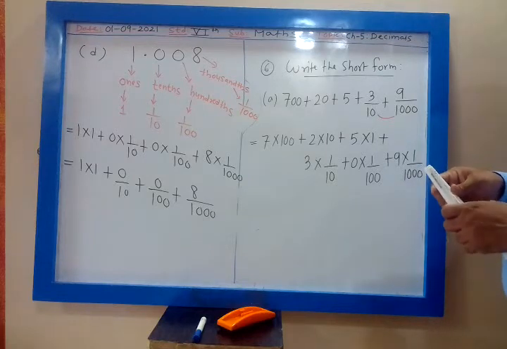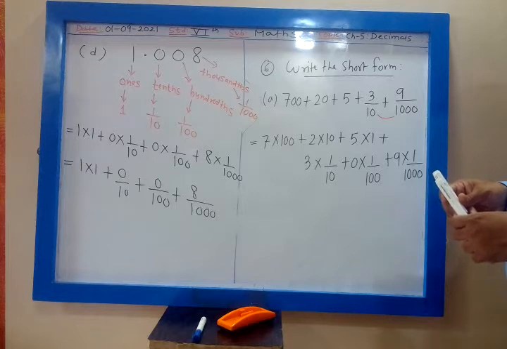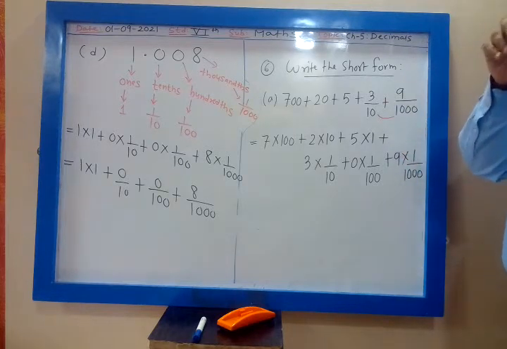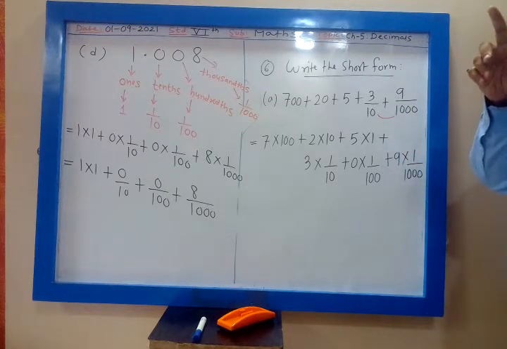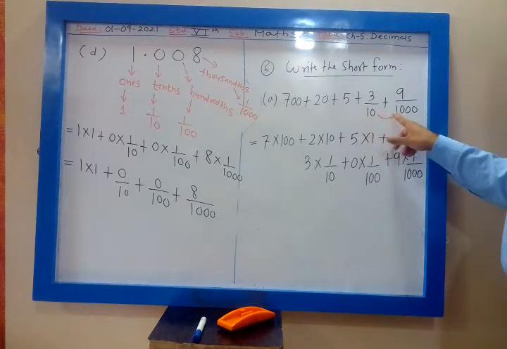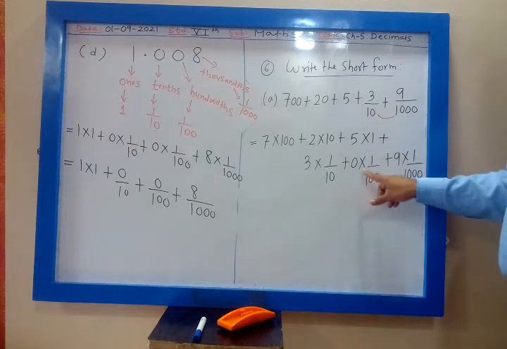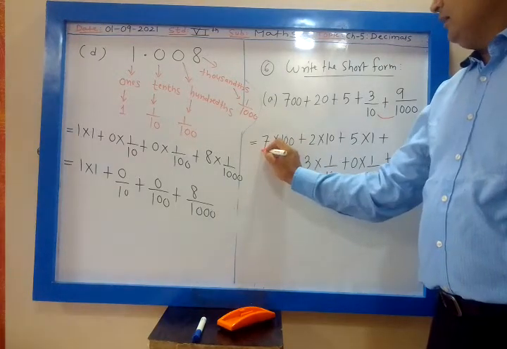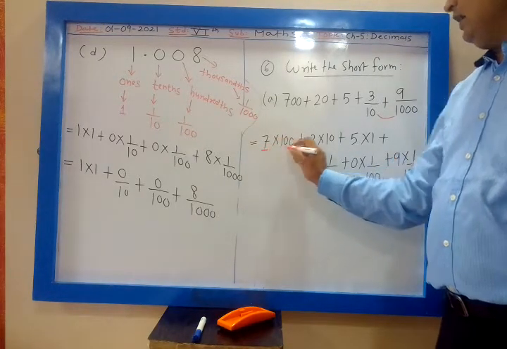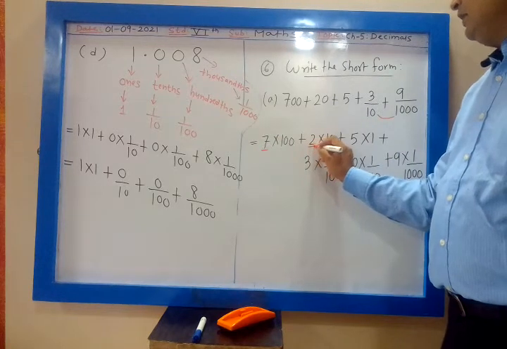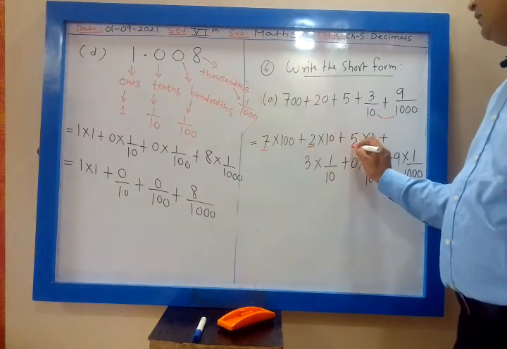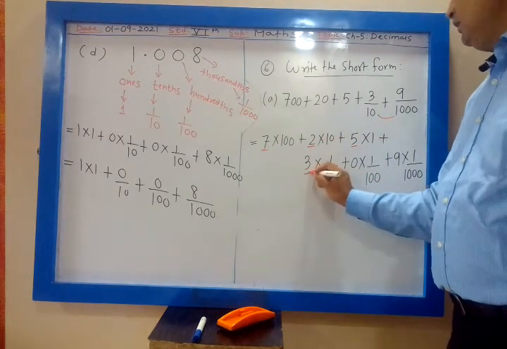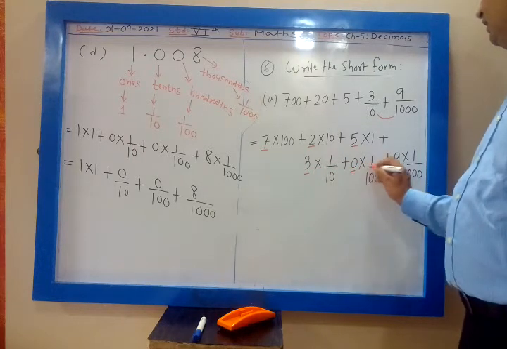So let us write 309, because between 10 and 1000, 100 is missed. For 100 I will take 0. Now what are the numbers? 725, 3, 0 and 9.